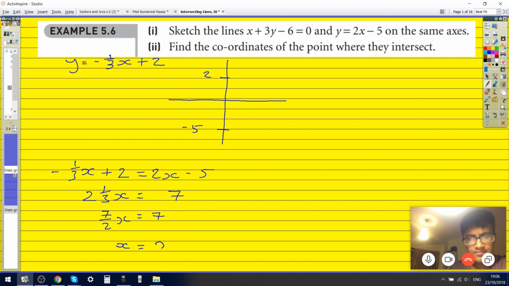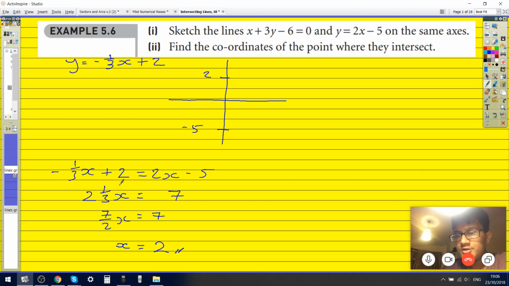I believe it should be 2. So you could times both sides by 2, divide both sides by 7. So instead of writing 2 1/3, I wrote a 7 over 2. Okay. It would be 7 divided by 2 1/3, if that's what you were doing.